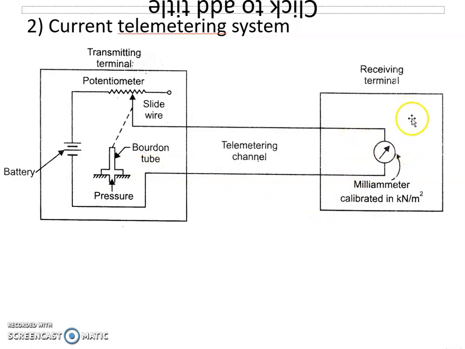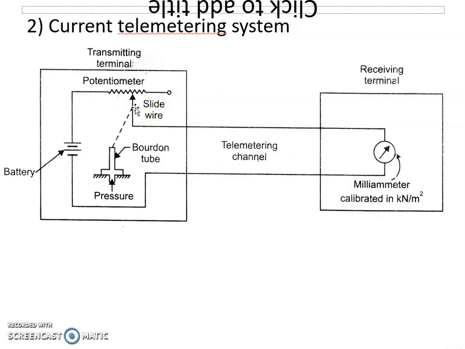At the receiving terminal, a multimeter is connected in series which is calibrated in terms of pressure scale, and as usual a pair of wires is used as a telemetering channel here. So let us see how it works. When the pressure in the system changes, when pressure is applied, the Bourdon tube moves the sliding contact.